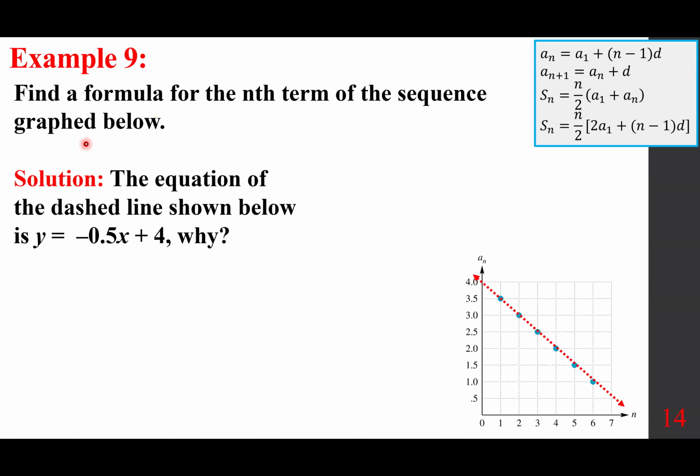Solution: the equation of the dashed line shown below is y equals minus 0.5x plus 4. Why is that? How do we know that? Let's look at the proof.